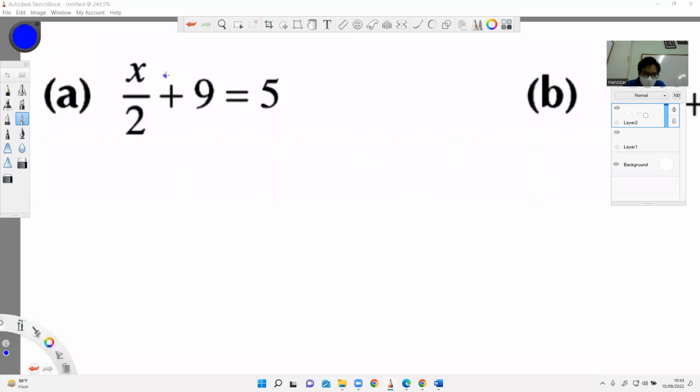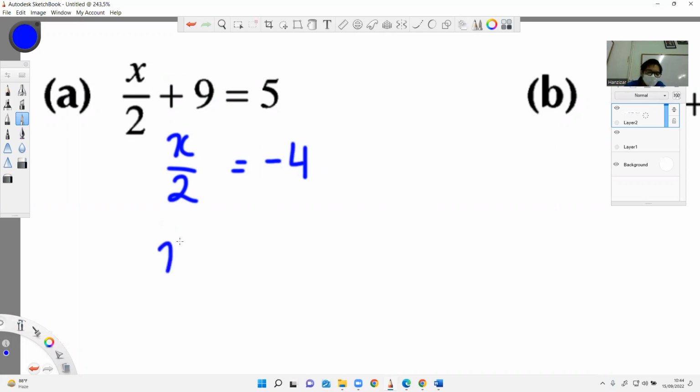Okay, so if you deal with the fraction, don't panic. What you have to do is go slowly. Move, right? Minus 9. X over 2 equals 5 subtract 9. What is 5 subtract 9? Minus 4. Oh yeah, then you can write half of x equals negative 4.